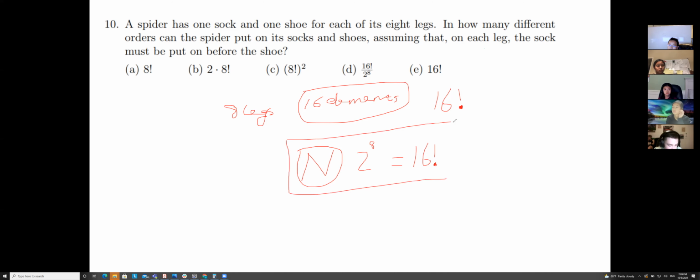Whatever the final arrangement is, that's n, but if you relax that order limit, then it's going to be 2 for each leg. So totally 8 legs, that's 2 to the 8th. You multiply together, that should give us the full 16 element arrangement.